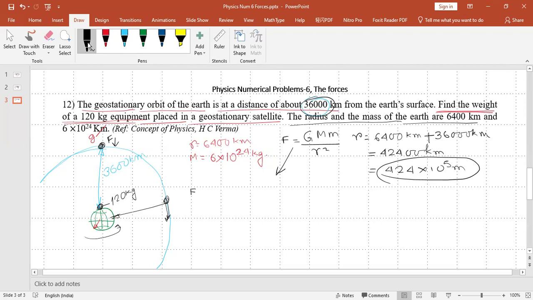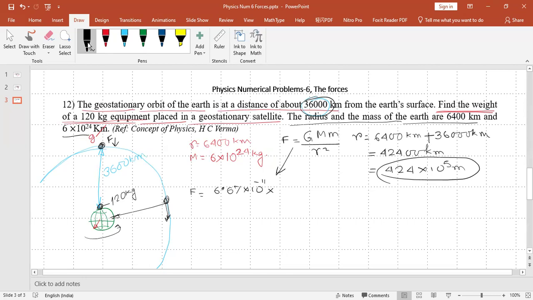If you use this equation, F is equal to G, which we have to always remember, 6.67 into 10 to the power minus 11. Mass of the Earth is 6 into 10 to the power 24 kg.